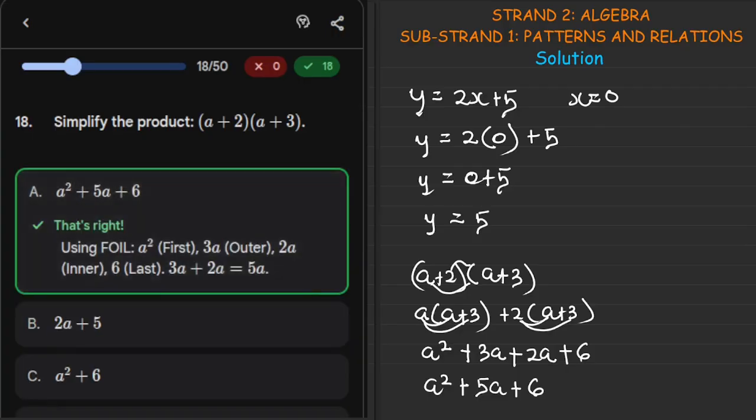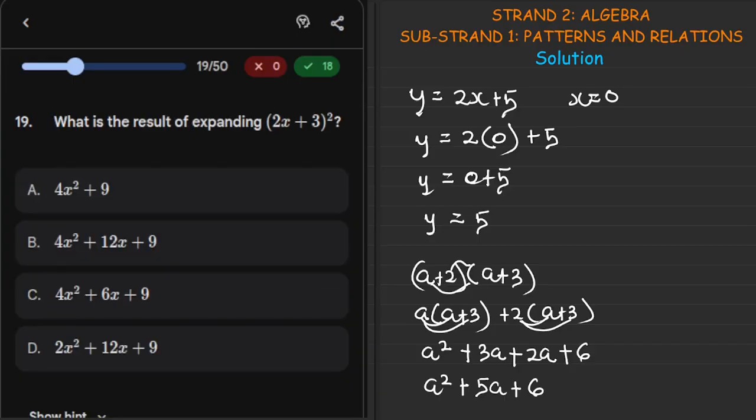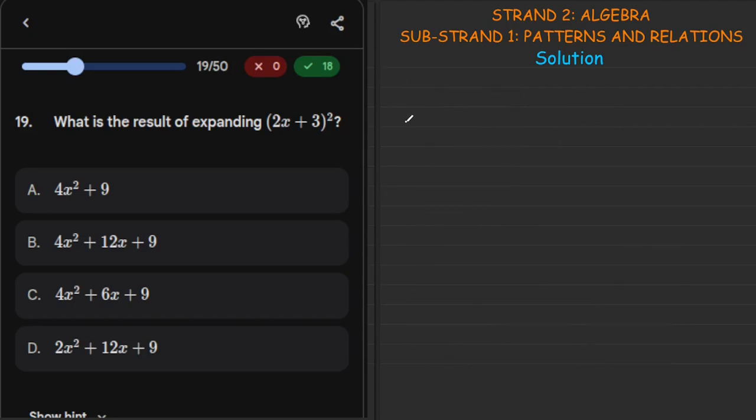As simple as that. Question number 19. It says, if we have 2x plus 3 all squared, what is its result? All squared simply means the whole bracket is multiplying itself again.